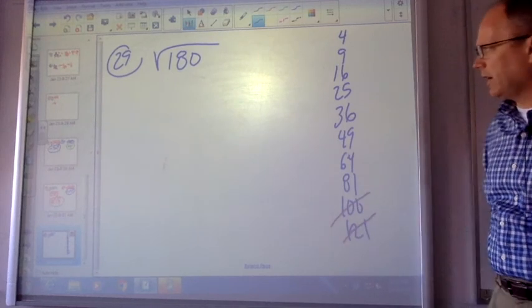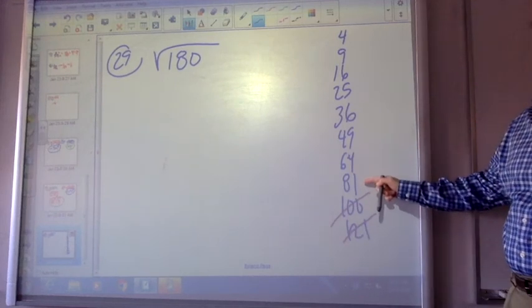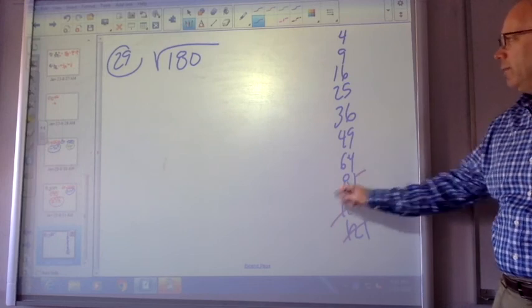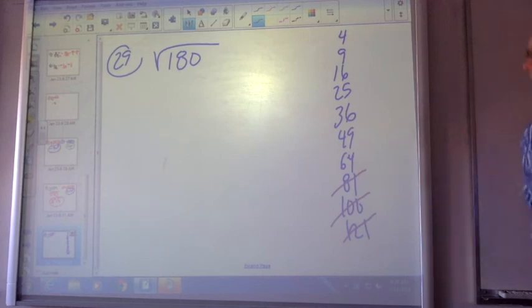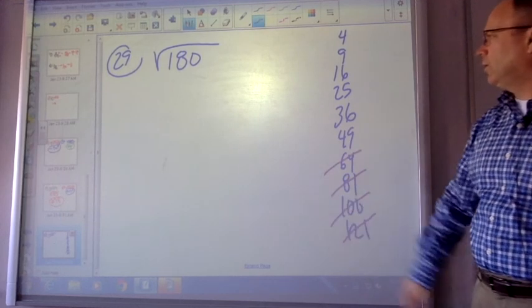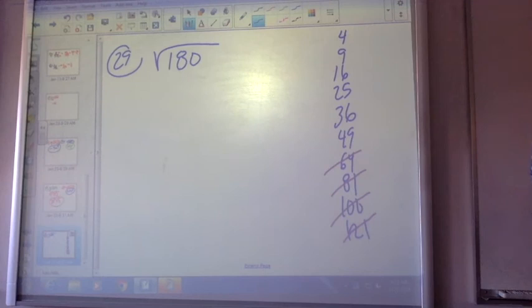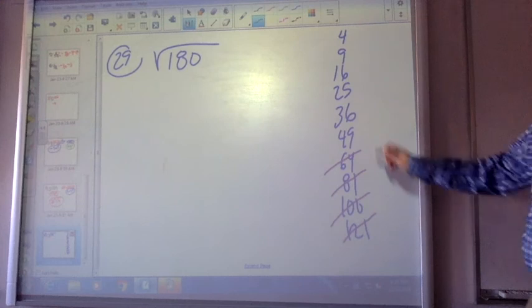100 times something is not going to give me 180. 100 times 2 is 200, that's too big. 64 times 3 is 192, too big. 49 times 3 is 147, too small. 49 times 4 is too big.